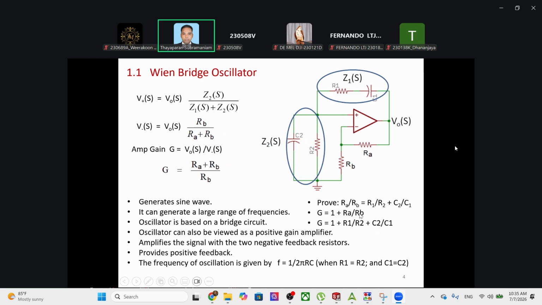So 1 kilo ohm plus 2 kilo ohm. Therefore, maximum RA can go to 3, minimum it becomes 1. Sorry, minimum 0. So the gain minimum value is 1. Maximum gain can be 4.